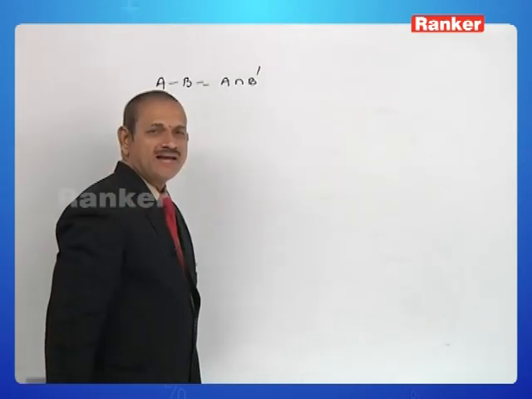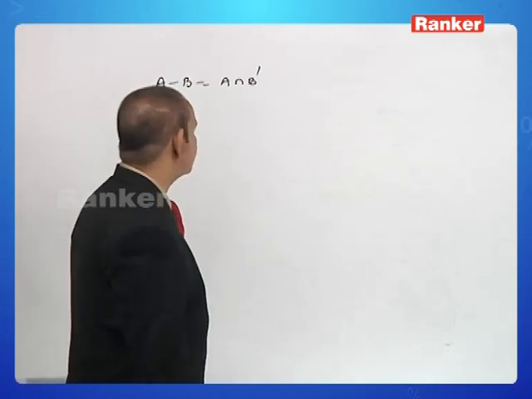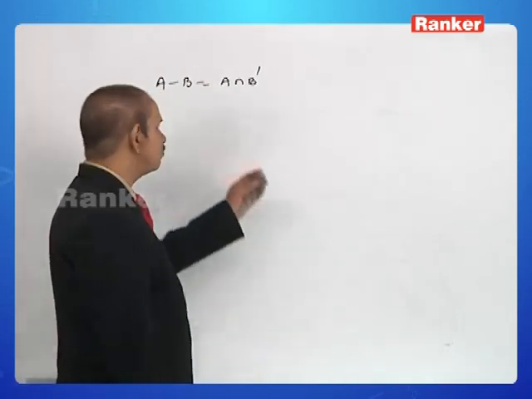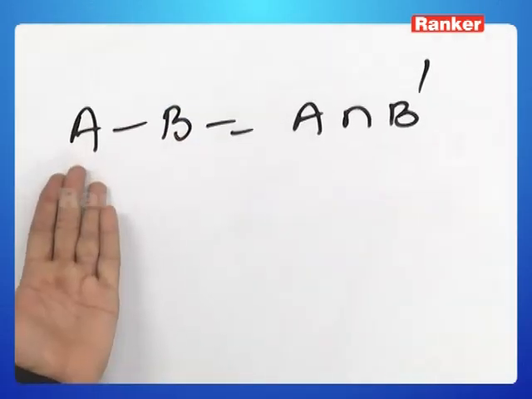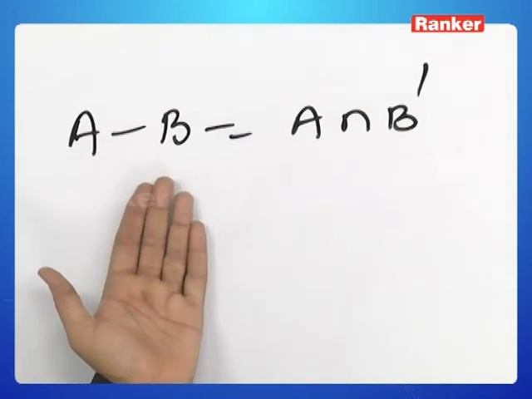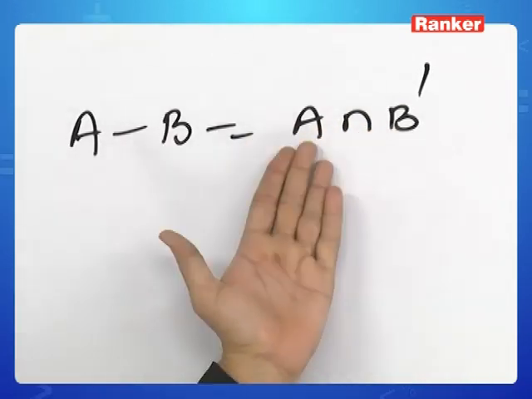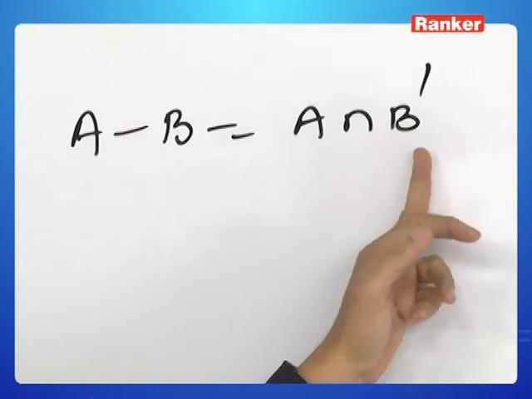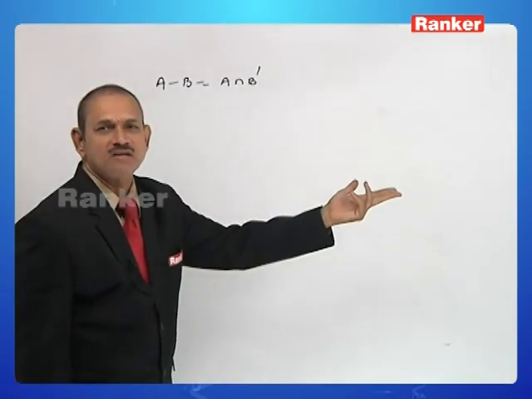And then A minus B can again be taken as A intersection B dash. What do you mean by A minus B? A and not B. B dash means not B, isn't it?